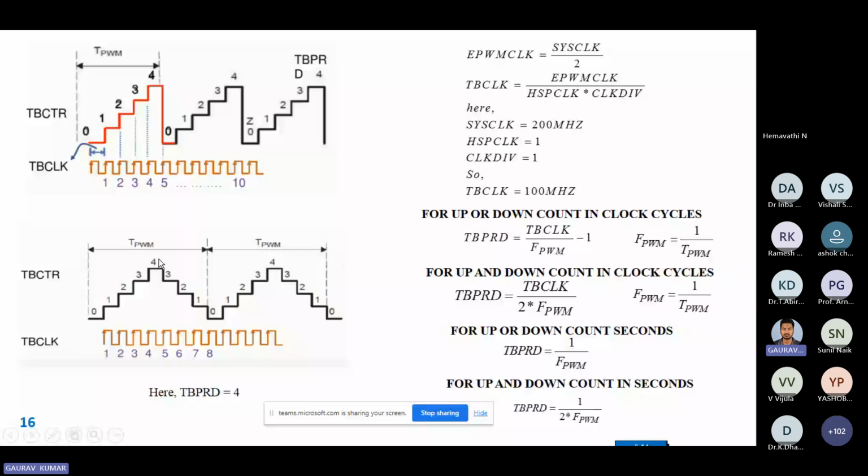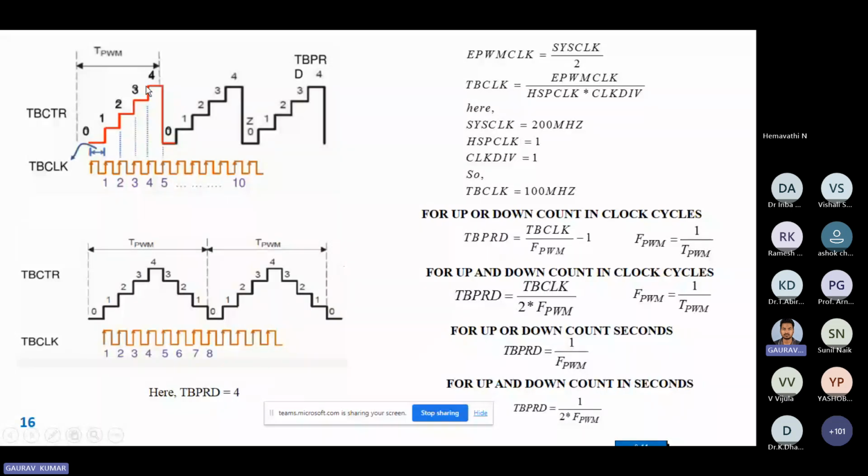TBPRD is a particular value: the maximum value up to which the counter goes, when the peak arrives, is known as the TBPRD value. We can see the peak is at the fourth level, so our TBPRD value is 4. TBPRD is just a number, 4.